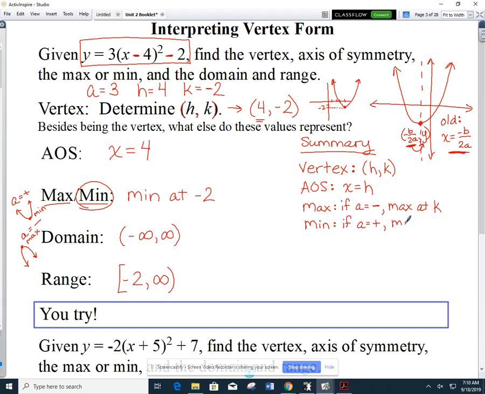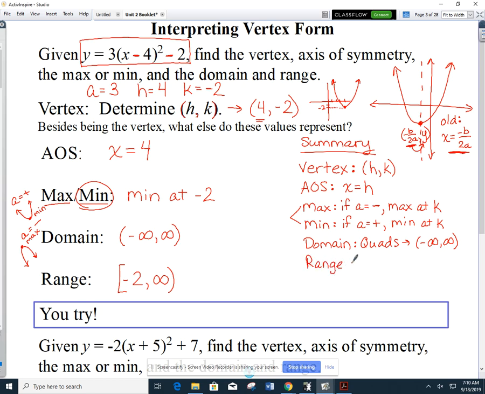We would say we have a min at K. So it's only one of these. Our domain for a quadratic function is -infinity to +infinity. And we'll discuss different domains when we get to those functions.